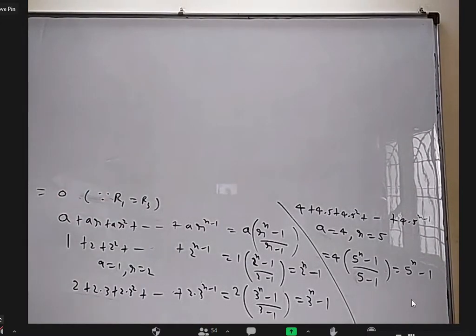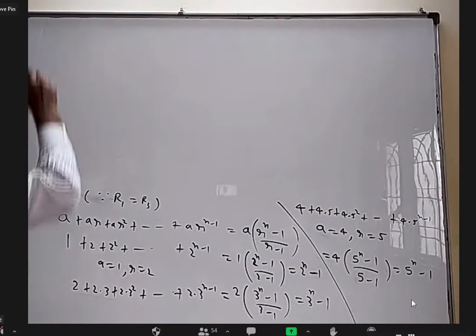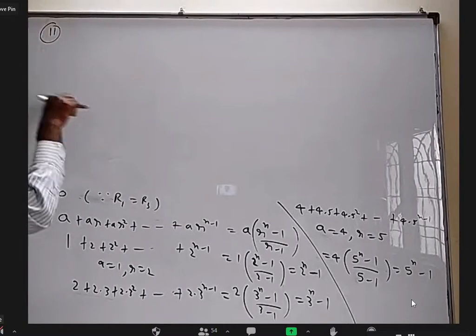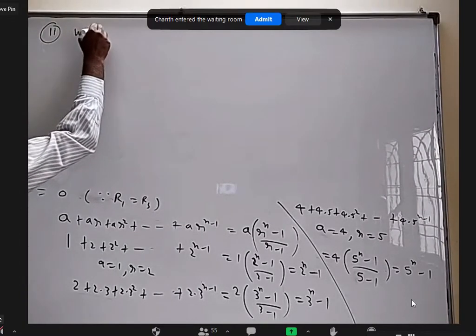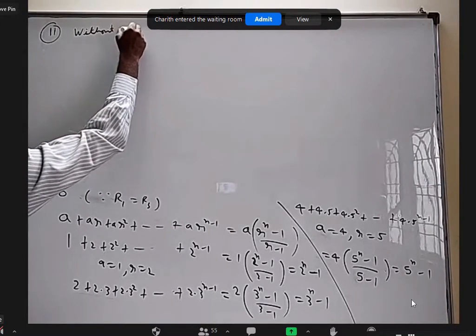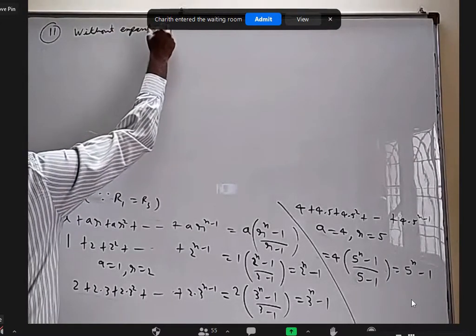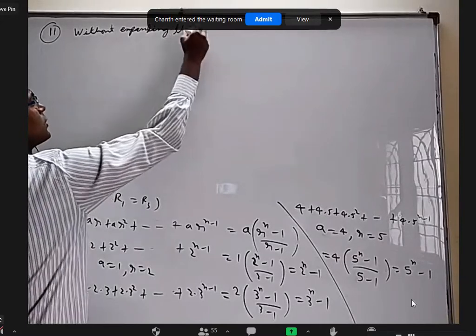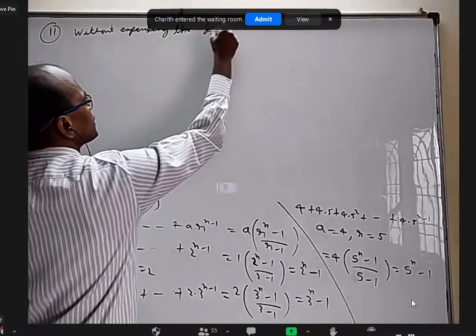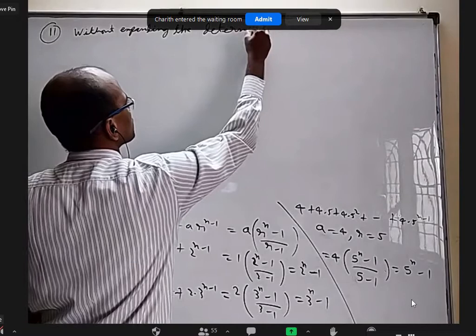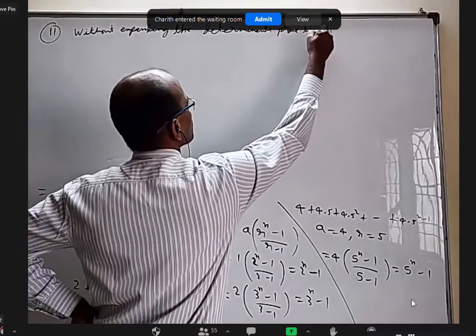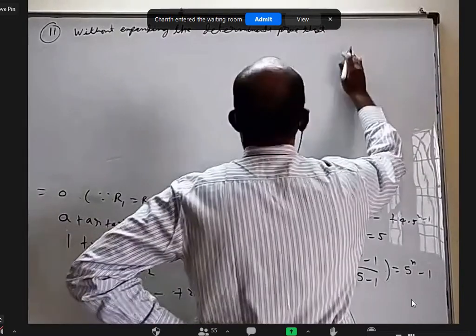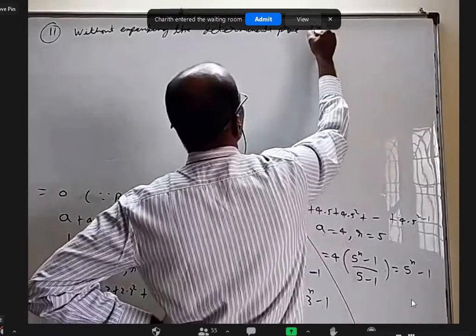Okay. What is this now? I have to do 11th question, right? Yes, sir. Okay, this is not equal to 0. I am putting another one now. Without expanding the determinants, prove the following.